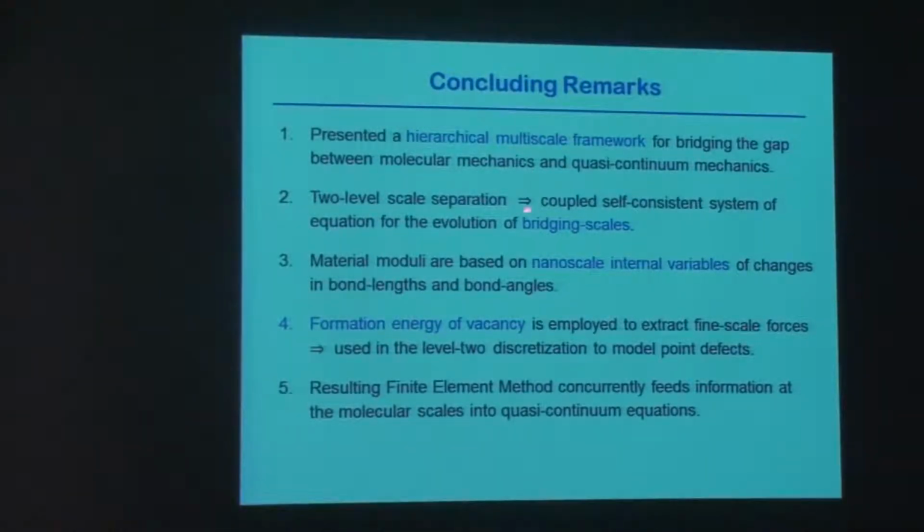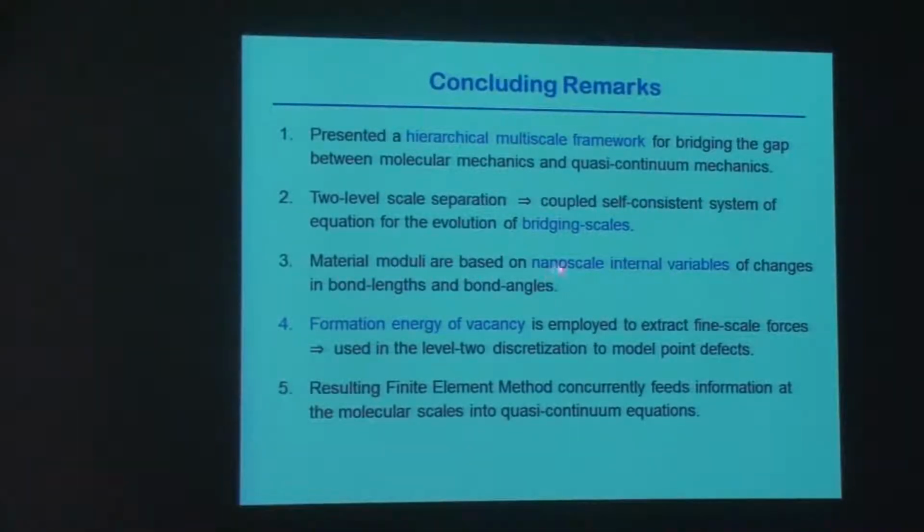The two-level scale separation leads to a coupled self-consistent system of equations, and this is very important because we do not want to double count, or ignore something. So this system has to be self-consistent amongst each other.